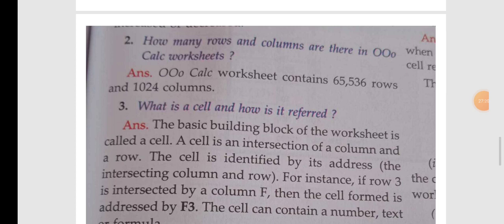A cell is the intersection of a column and a row, and a cell is identified by its address. For instance, if row 3 is intersected by column F, then the cell formed is addressed as F3.